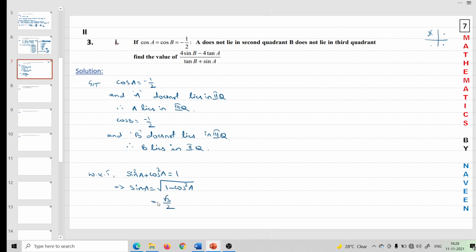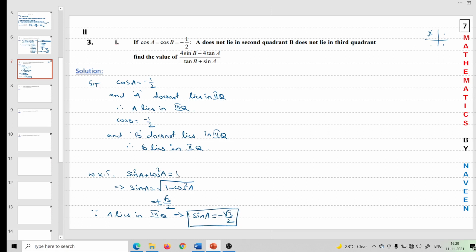While removing the root, plus or minus occurs here. Since A lies in the third quadrant, sin values are negative. So sin A is minus root 3 by 2.